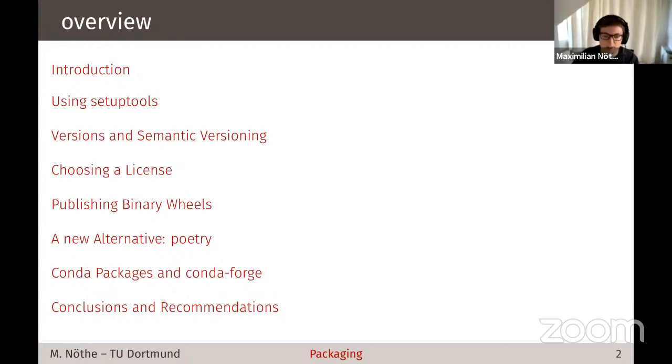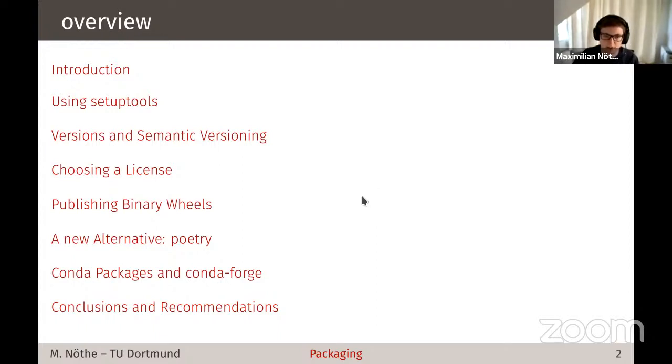But if you have compiled parts in your code base, like a C extension, or even Fortran, like NumPy uses in some places, it's mostly not very useful for users if you just publish your source code, because if they download the source code, they need to run the compilation again, and that can be quite hard to get right if you have a more complex compiled code base and you need all the binary dependencies and so on.